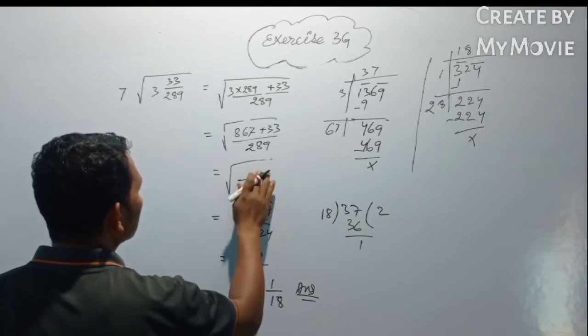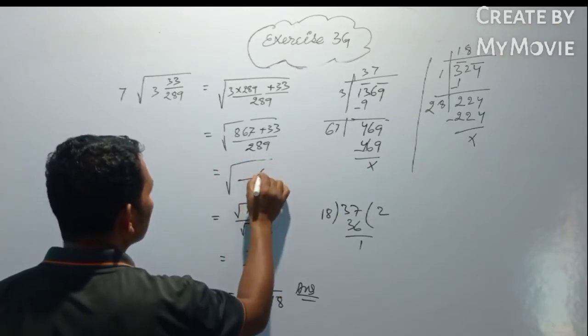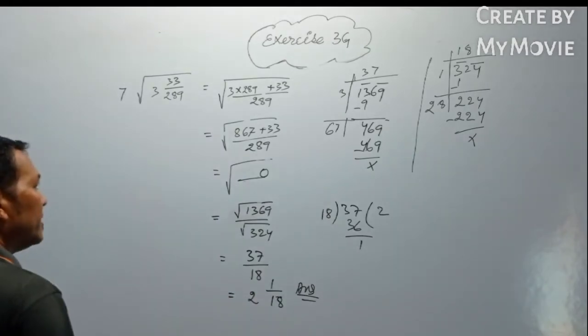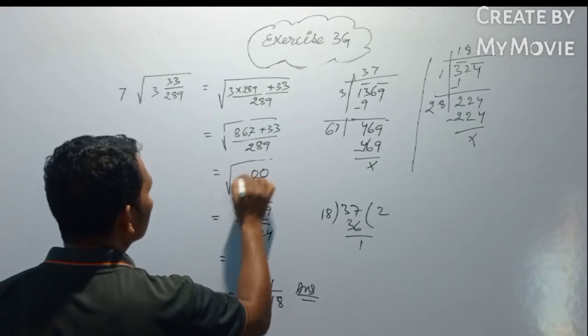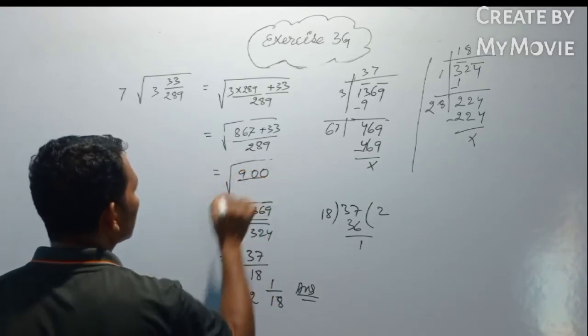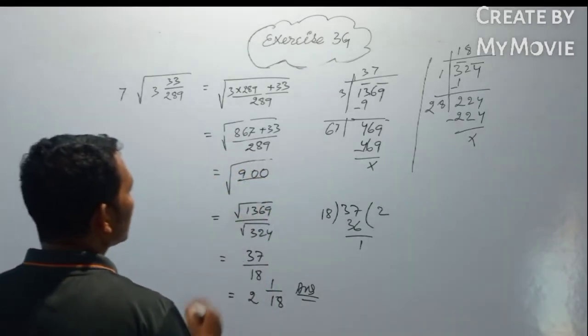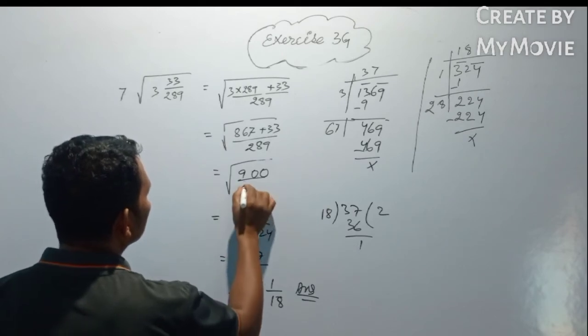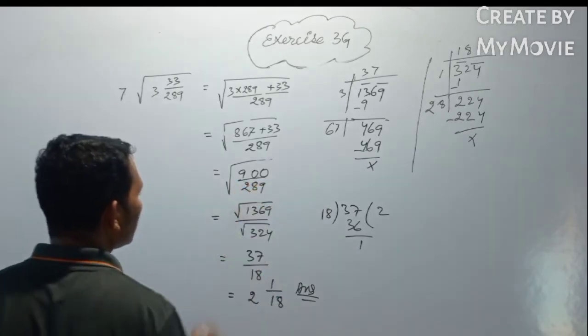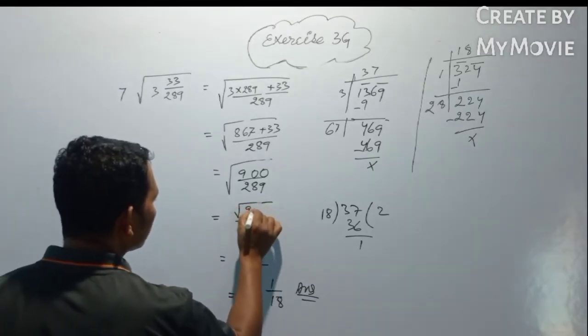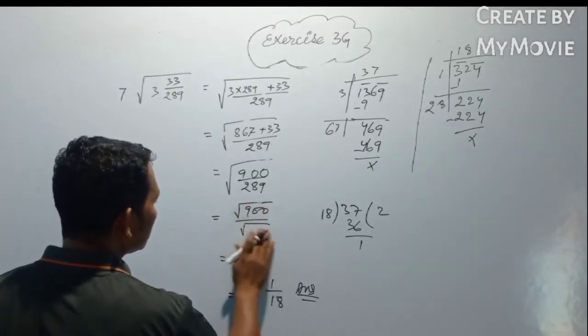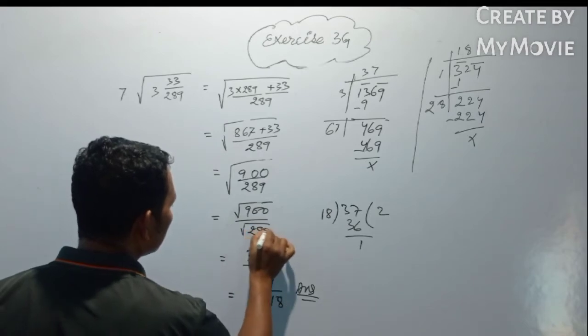This will be equal to 3 plus 7 is 10, 3 plus 6 is 9, 9 plus 1 is 10, 8 plus 1 is 9. 900 by 289. This is equal to square root of 900 upon square root of 289.